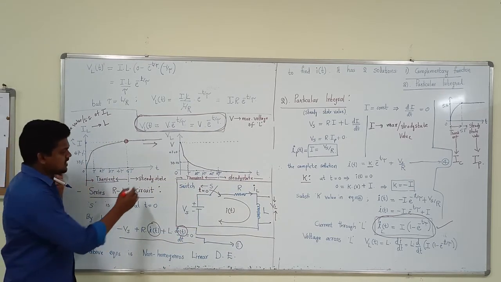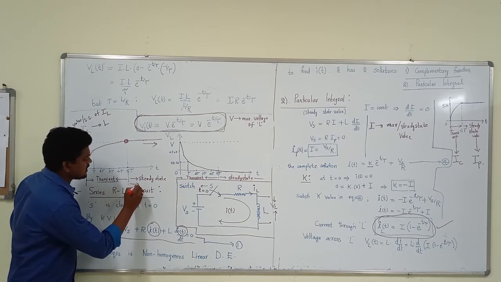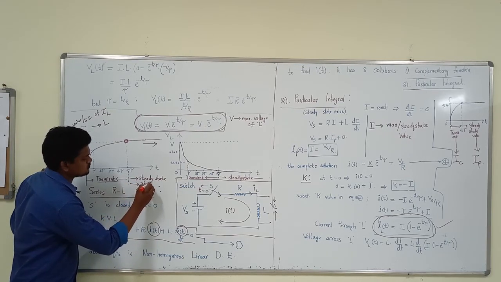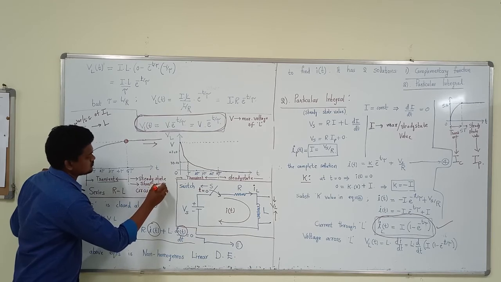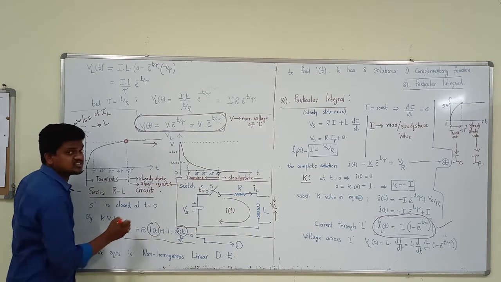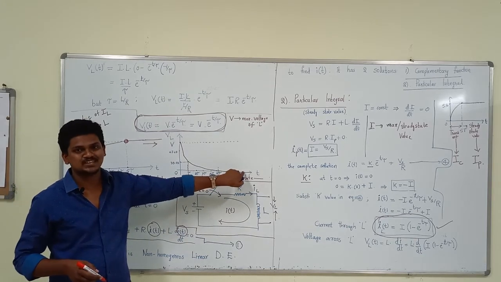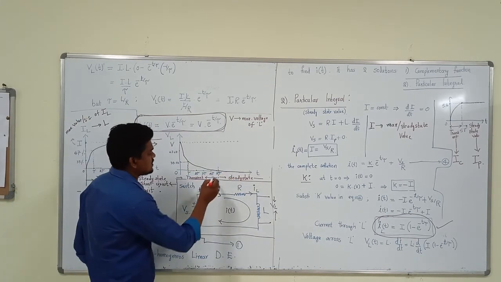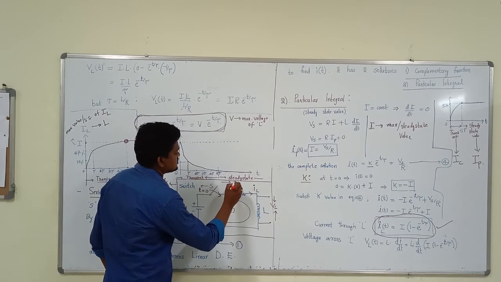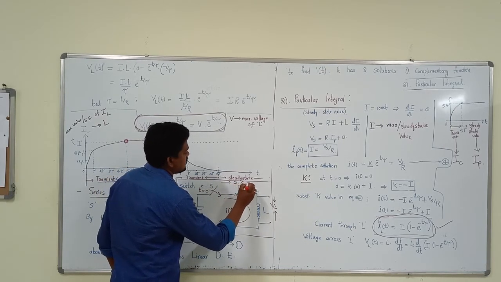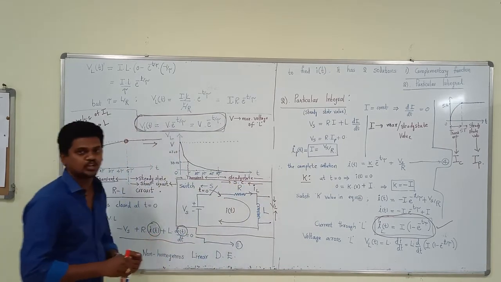Understand? That means at this point the inductor becomes a short circuit, because the voltage across the inductor is 0. That's why the inductor becomes a short circuit.